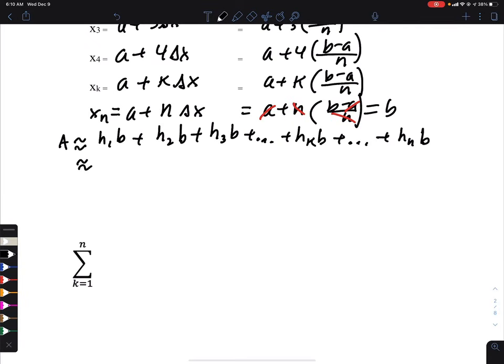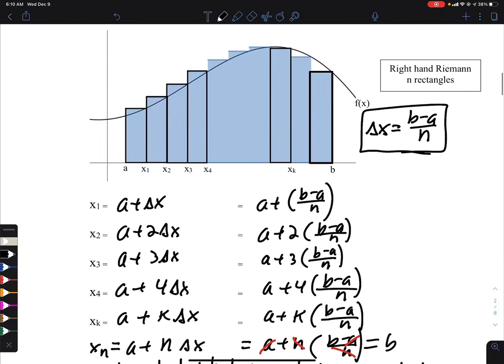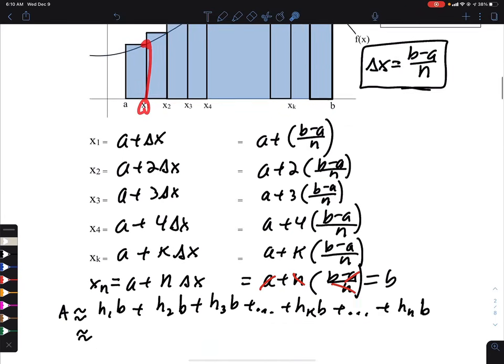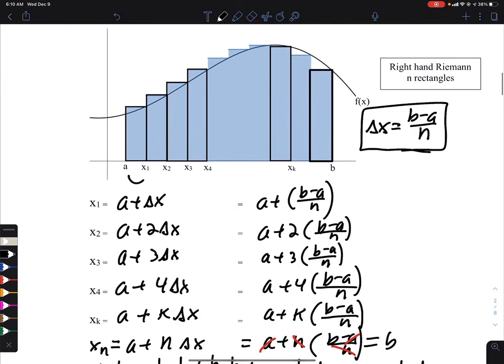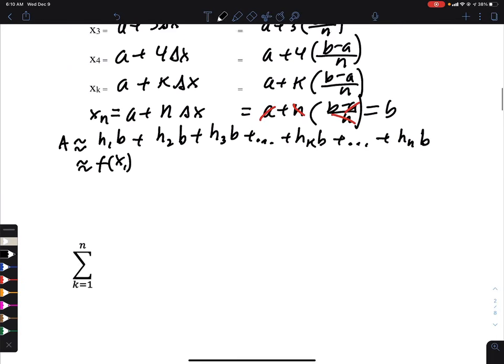Let's keep going. How do you find the height of this rectangle? The height is the value of the function. Here's our function f of x. Here, it's f of x at x1. So h1 is f of x1, and the base, all these widths are delta x.